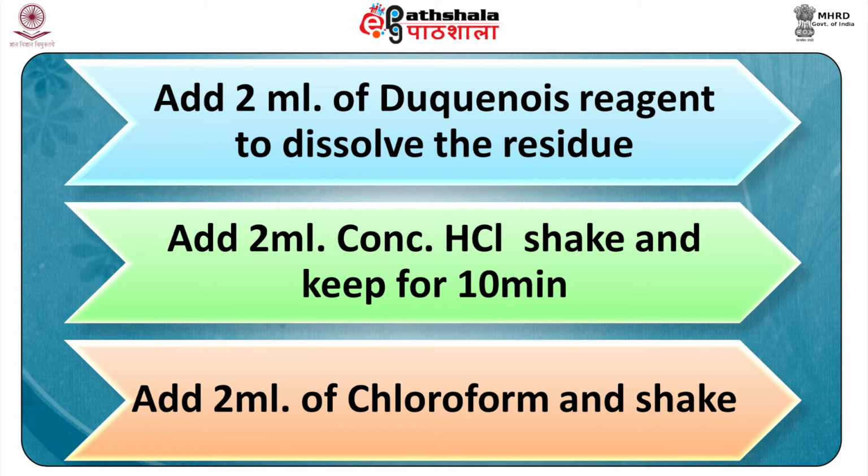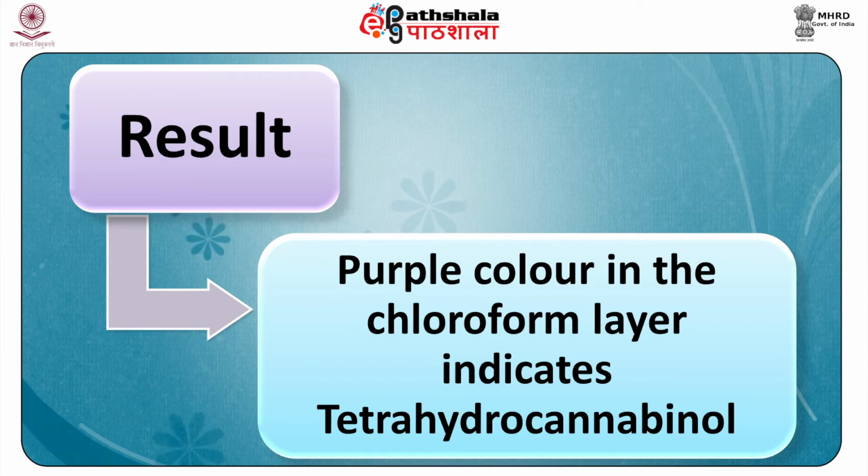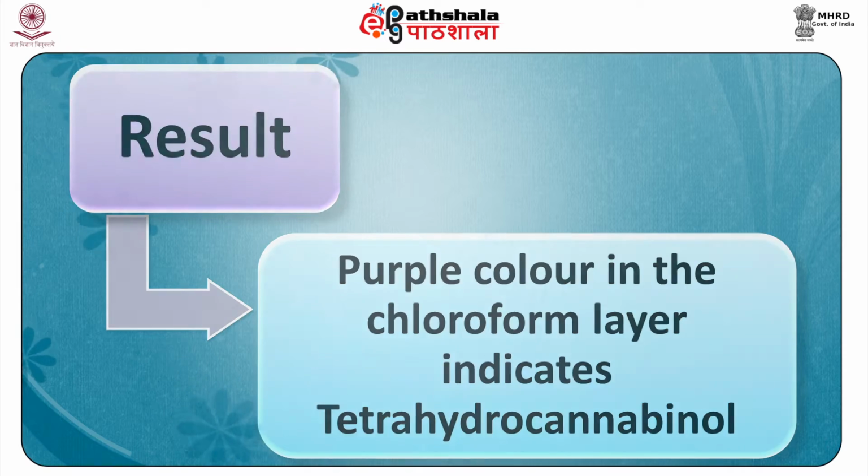Add 2 ml of Duquenois reagent to dissolve the residue. Add 2 ml of concentrated hydrochloric acid. Shake and keep for 10 minutes. Transfer the solution into a test tube. Add 2 ml of chloroform and shake. Purple color in the chloroform layer indicates tetrahydrocannabinol.